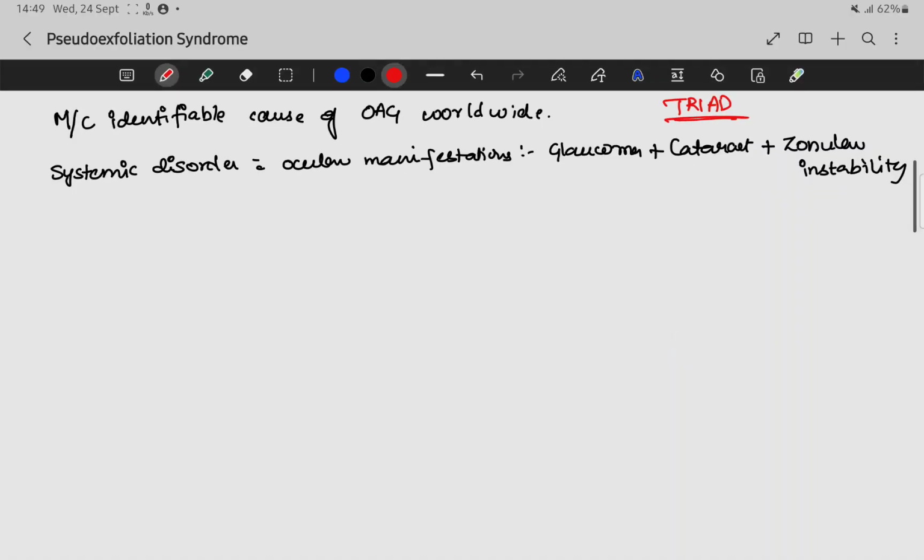Now coming to what is true exfoliation, and what is pseudoexfoliation?